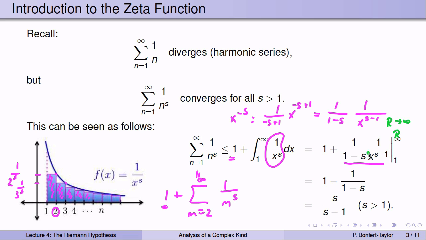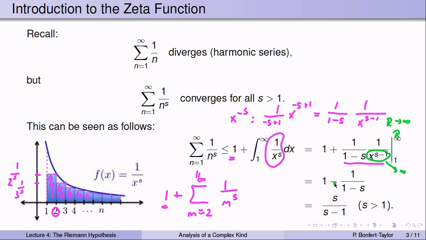If I raise a really, really large number to something bigger than 0, it's still really large and goes to infinity. So this denominator, x to the s minus 1, goes to infinity as x goes to infinity, or as r goes to infinity. In other words, 1 over that denominator goes to 0. So at the upper bound, my antiderivative goes to 0 if I let the upper bound go to infinity.